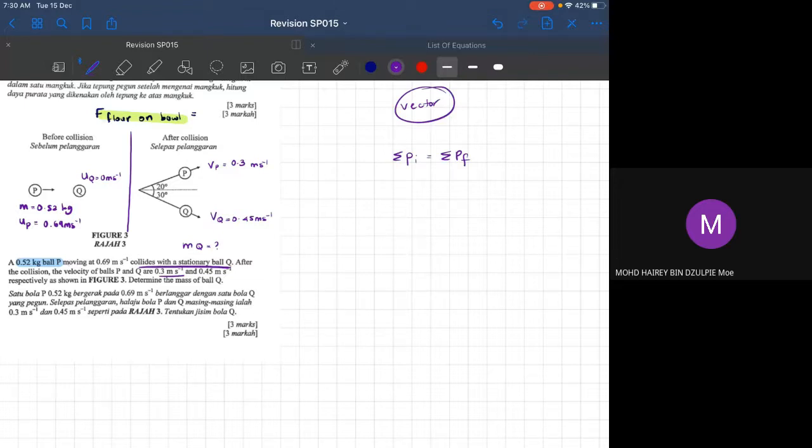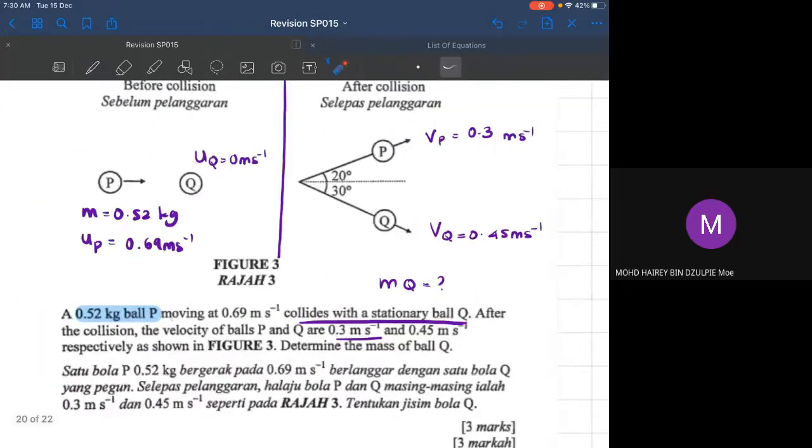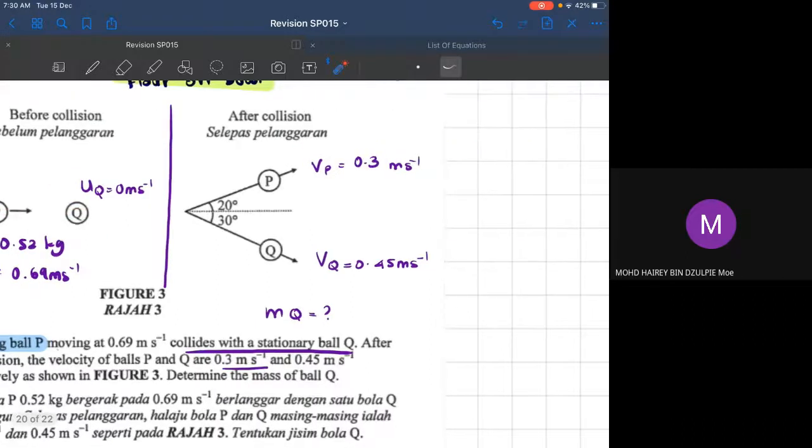So bila kamu tengok dekat situation ni, okay, kamu ada something yang bergerak dekat X component, isn't it? And then dekat sini pula, what happen, dia ada angle. Bila dia ada angle, maka kita kena resolve dia kepada X dengan Y. So maksudnya wujud X dengan Y komponen dalam soalan ni, okay? Right, untuk kalau Miss suka resolve terus lah, okay? So that I can see lah, okay?